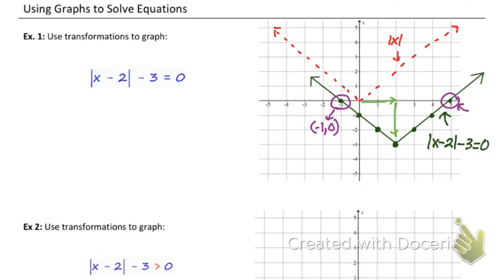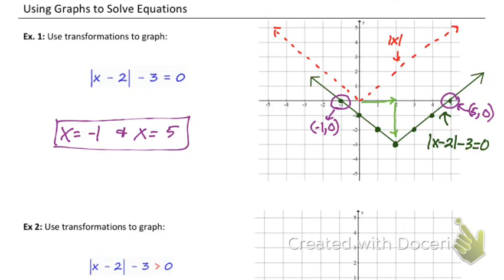And this point right here is 5, 0. If I input -1, I get out 0. If I plug in 5, I get out 0. So when they say use transformations to solve this equation, our answers are x equals -1 and x equals 5. It has two solutions. If I plug either one of those into the equation, I should get out 0.